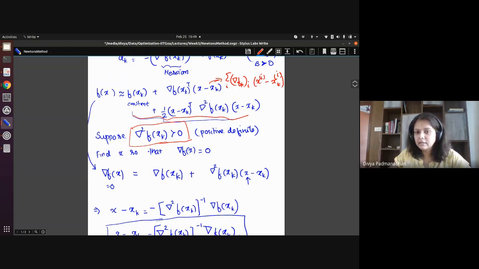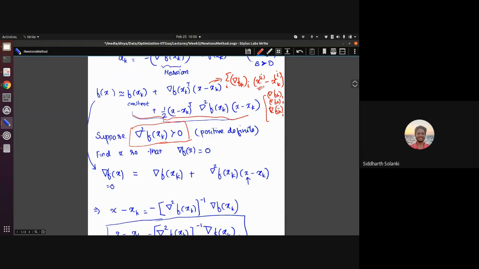Now if you take the gradient with respect to xi, just take the ith component, what are you going to get? You're going to get the ith term of grad f(xk). With respect to x1, you get the first component of the gradient vector, then the second component, and so on.